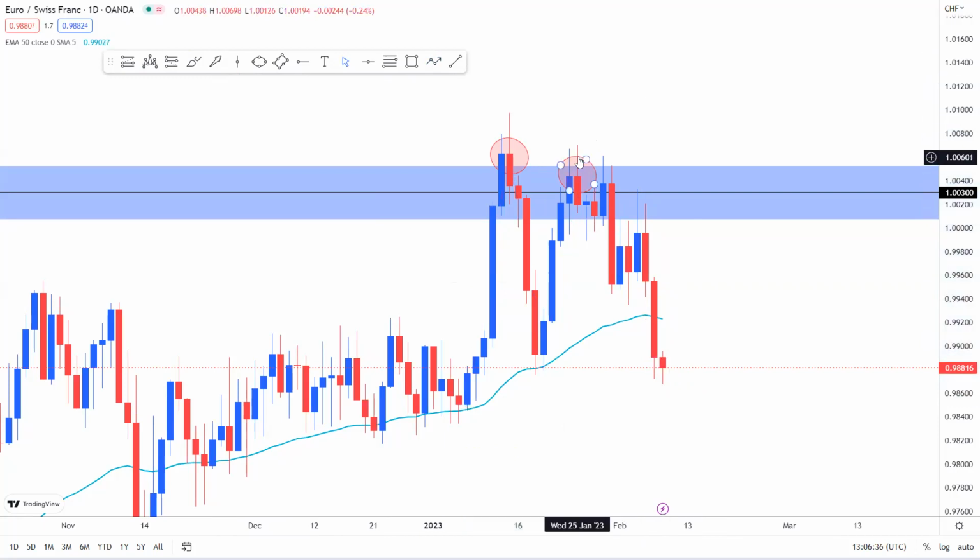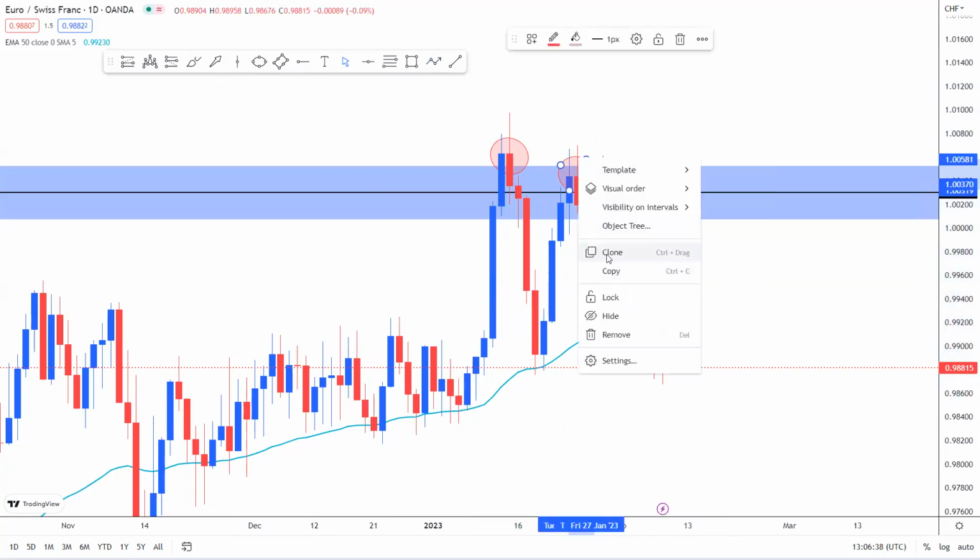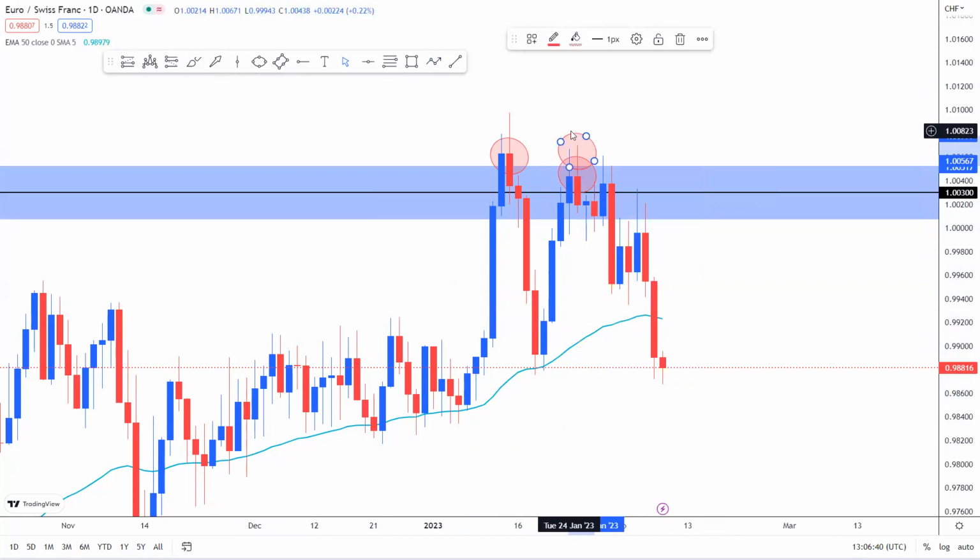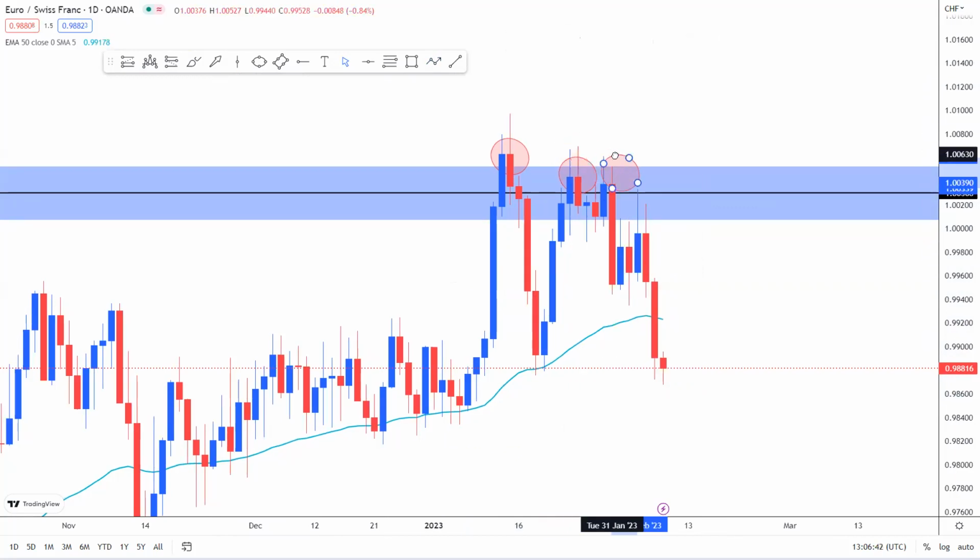Also, we can choose to see a second smaller double top also. So here we had the main double top, and then a smaller double top just within the main double top, as you can clearly see.